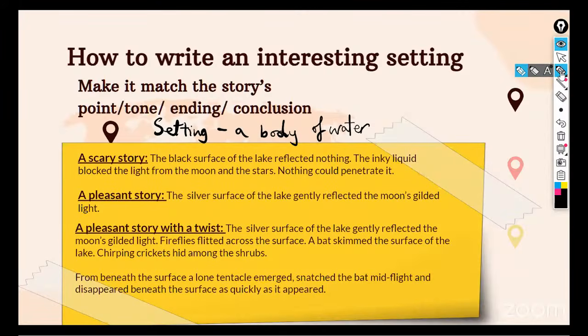Match the way you describe the setting to the overall point. You are welcome to take a piece of each one instead of the whole thing, right? But in the last one, just shorten rather than take only the first paragraph or the second paragraph, because then we'll miss the twist. Just shorten one of them, right?